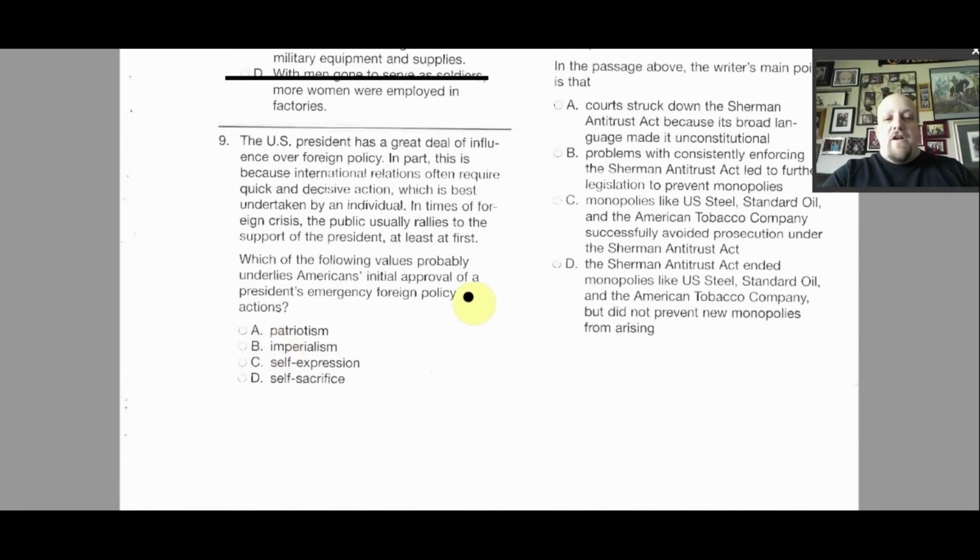So which of the following ideas underlies Americans', us, the people's, initial approval, like us saying, yeah, the president made the right call on that one, during emergency foreign policy actions?